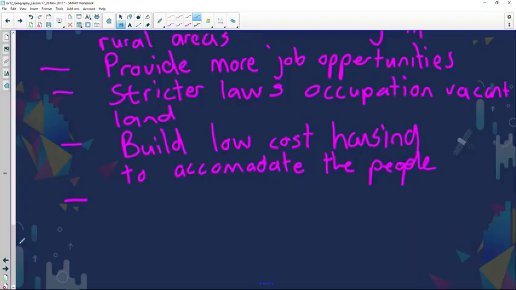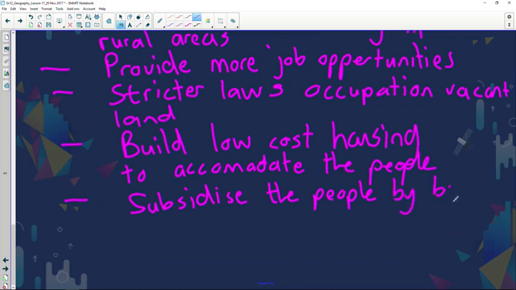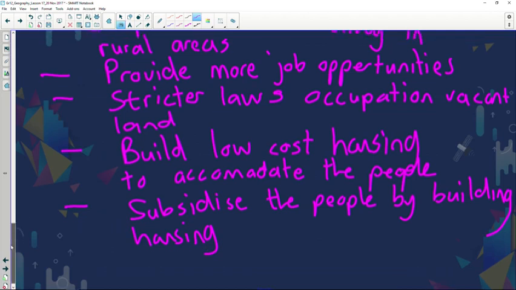Another point that we can mention over here is to subsidize the people by building houses, meaning let the people pay less to build a proper low-cost house.